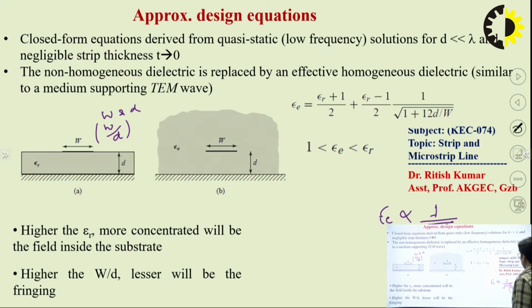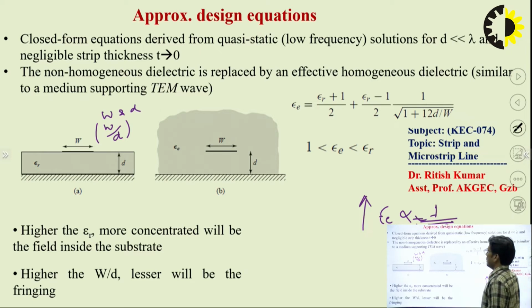So if you increase W by D, this value decreases, and if this value decreases, then the effective relative permittivity should increase, and vice versa, right?